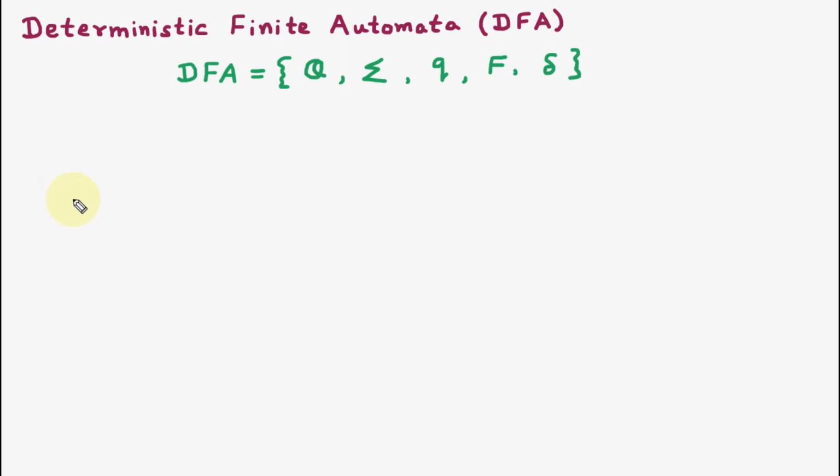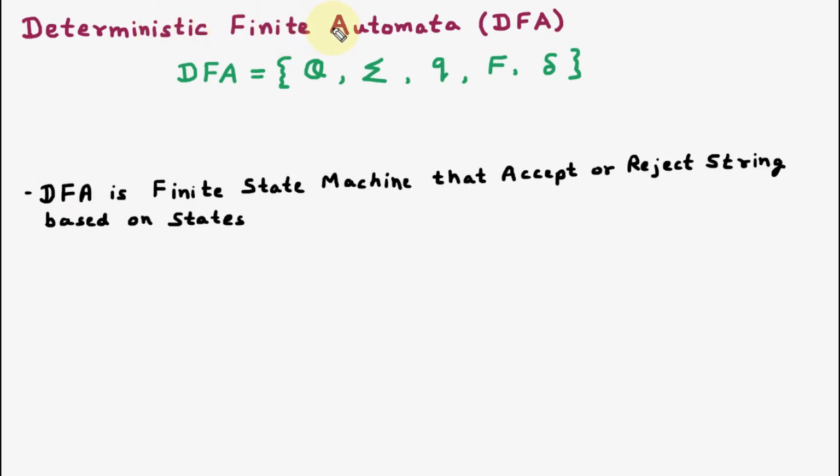DFA is a finite state machine that accepts or rejects a string based on states. Deterministic Finite Automata. Here the automata is a machine or model. Finite means limited number of states, and deterministic means it can be determined.